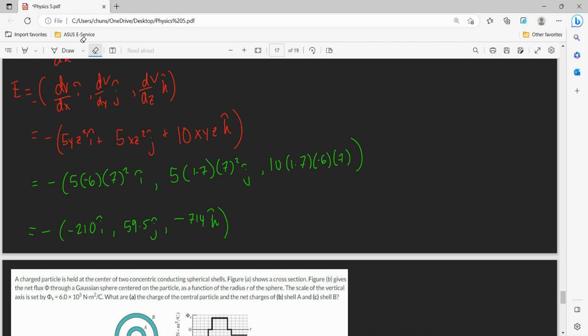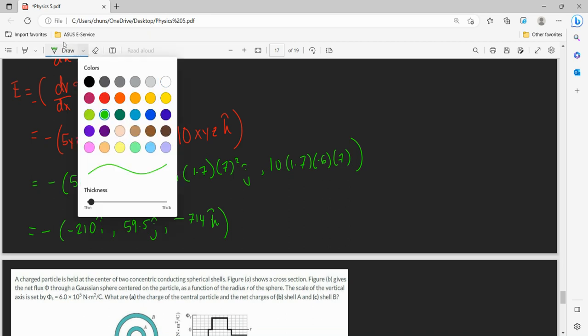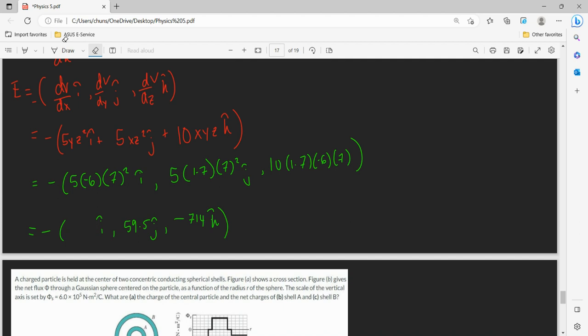This is negative 1,470. And for 5 times 1.7 times 49, this term here is meant to be 416.5.